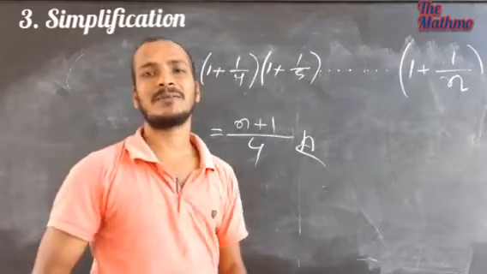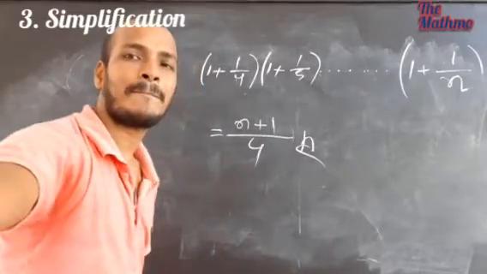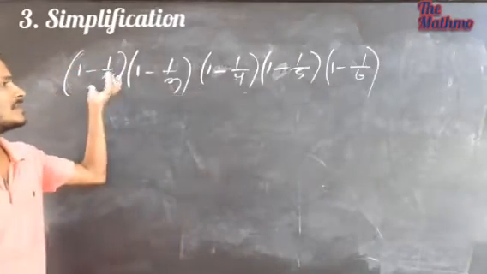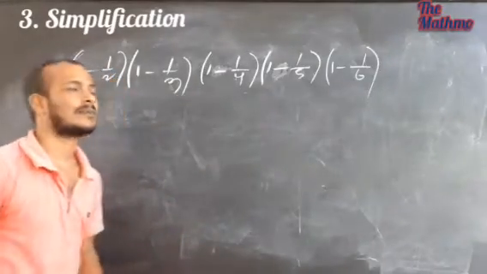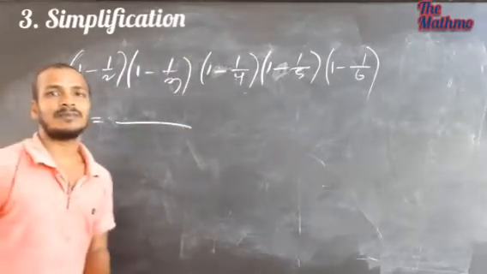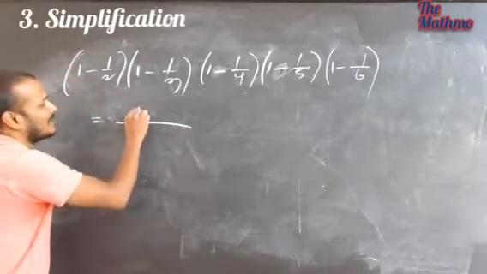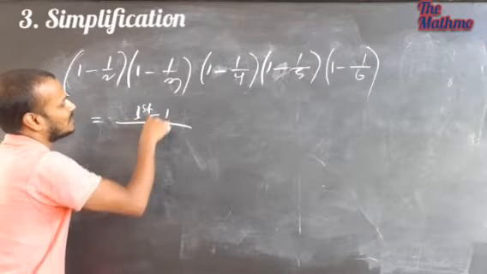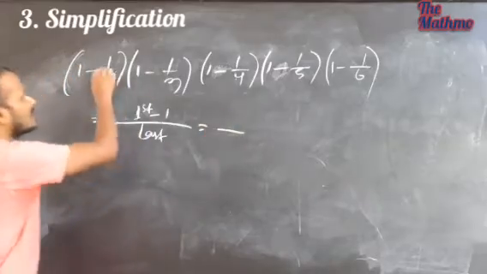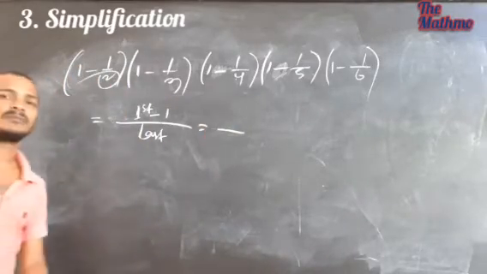Let us see the rules for subtraction. If the numbers are this way and you have to subtract and simplify, what to do? It's very easy. You have to write the first term minus 1, and the last term here. Here first means the first denominator of this number.